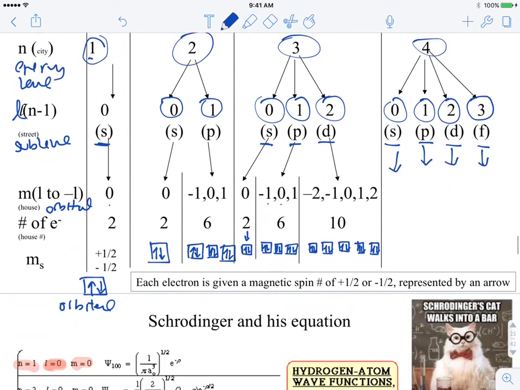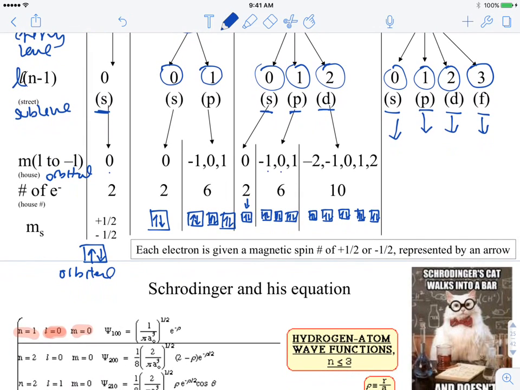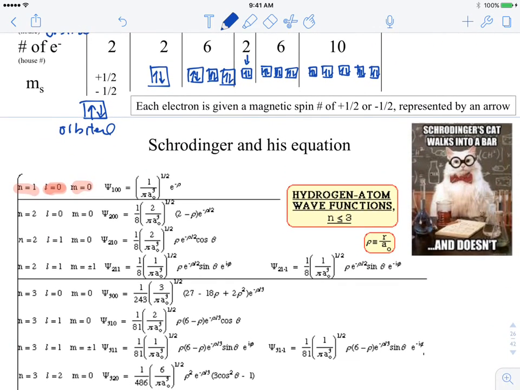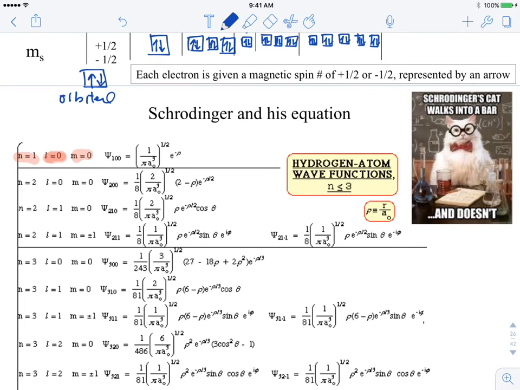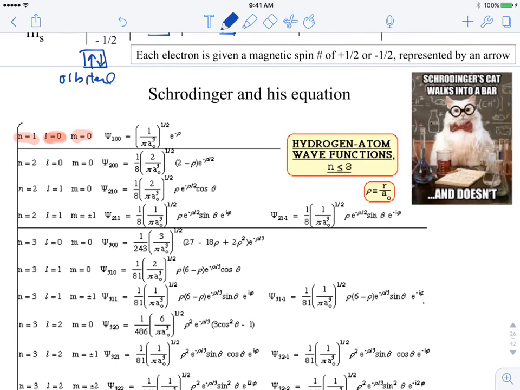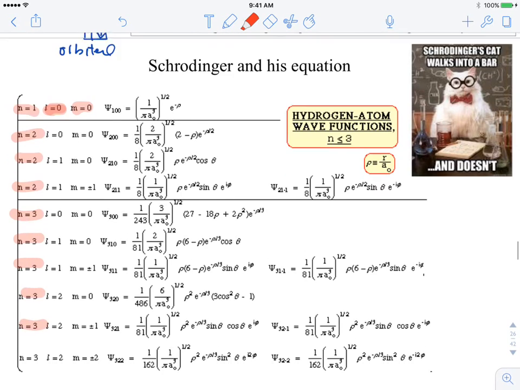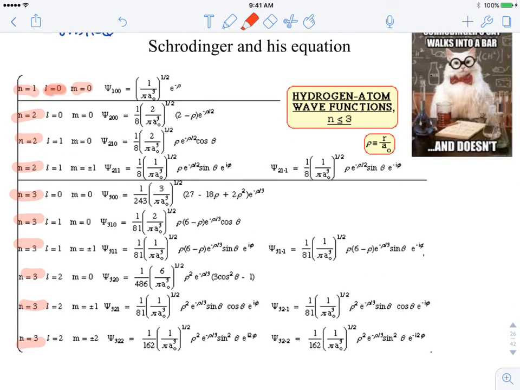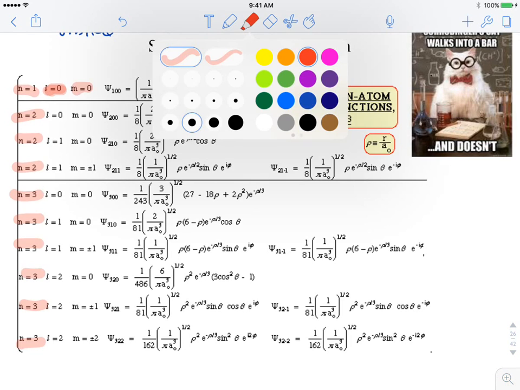Tomorrow in class, we'll go through all this. Again, here are the equations, and here are the values. They go up to the third level. But you can see the different energy levels here. We can do that in this red color. Okay, so those are the energy levels there. Then they do the sublevels.